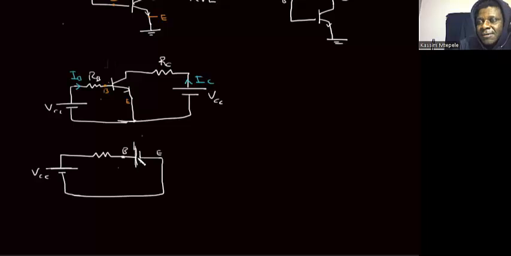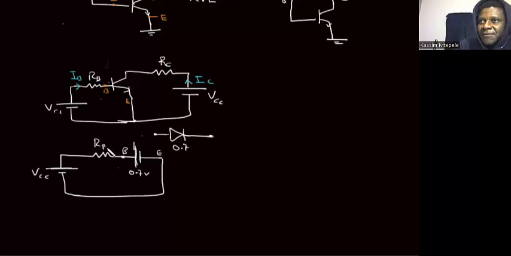In the base terminal and emitter terminal, there is a diode here, you see. If you consider this diode to be a silicon diode, you're going to have a voltage here of 0.7. That's why I put it here.